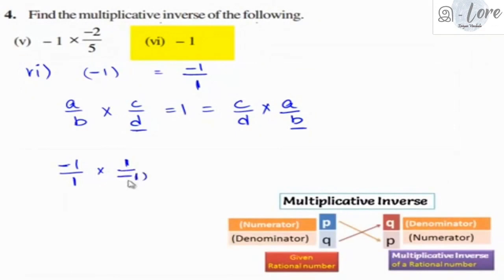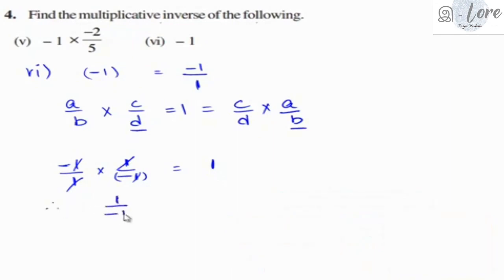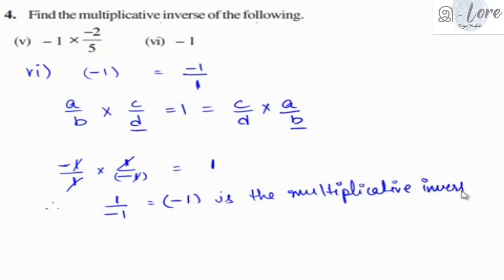Let us multiply the rational number by 1 by minus 1, exchanging numerator and denominator. If you cancel the common factors, 1 into 1, you will get minus 1 into minus 1 is equal to 1. Therefore 1 by minus 1, which is equal to minus 1, is the multiplicative inverse of the given number. So minus 1 by 1 is obtained by exchanging the numerator and denominator of minus 1.